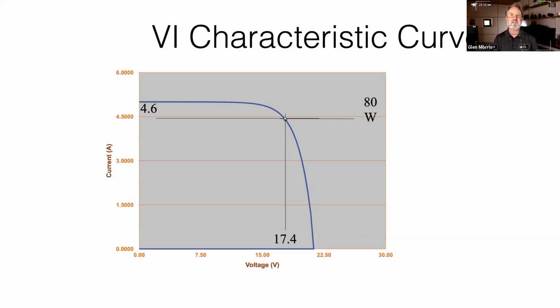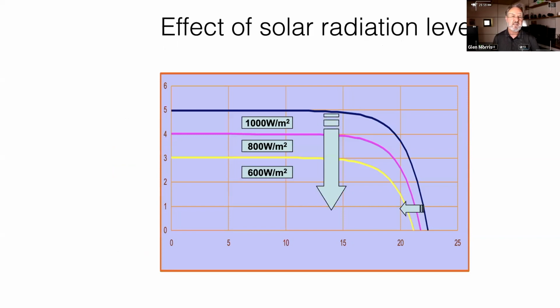It looks like it's a static point, but it's affected by many things, including radiation levels, solar radiation levels. As the solar radiation levels decrease, so the curve flattens out. So you can probably see here, 1,000 watts per square meter, you might remember from yesterday, is typical of midday, clear, sunny day. That's kind of not an absolute maximum, but an approximate maximum.